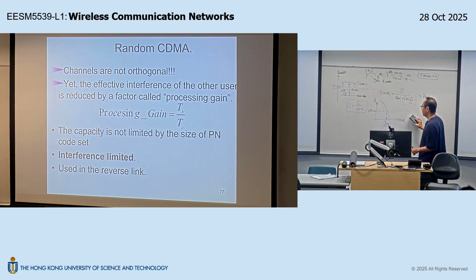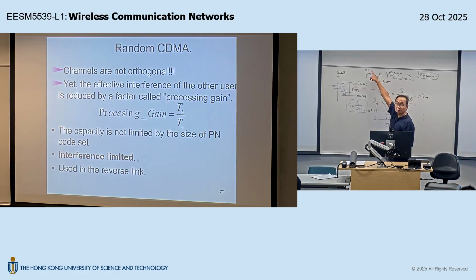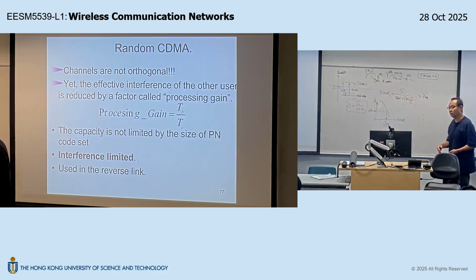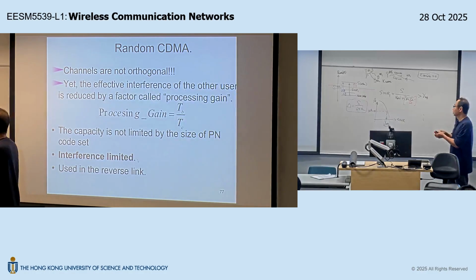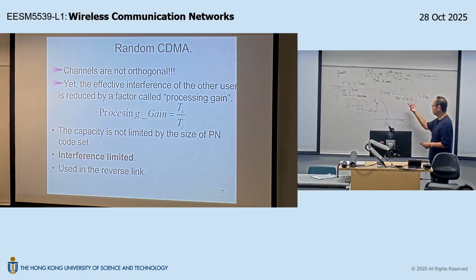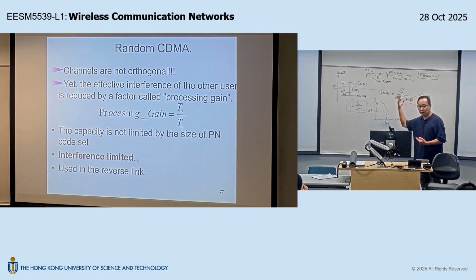Now let's try to simplify this equation a little bit. First of all, assume that the power that you receive is very large. So we take the limit when the power is very large. When the power is very large, in the denominator you can pretty much ignore the noise term. So this is interference limited. When you ignore the noise term, the numerator and denominator get cancelled. That means the performance cannot be improved by increasing power.